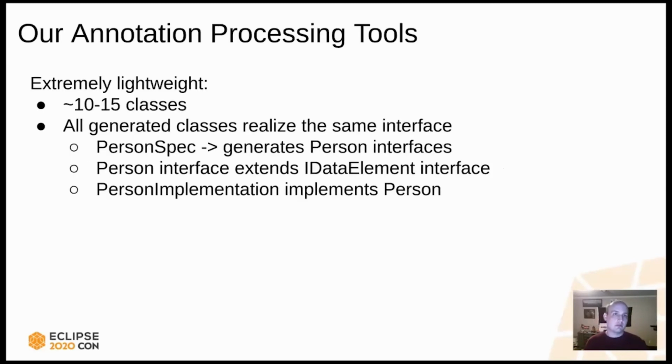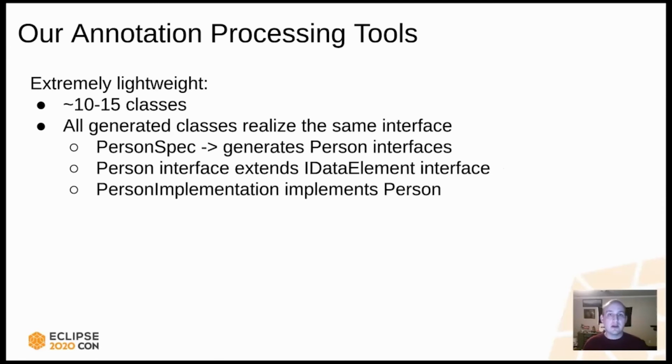So our annotation processing tools are really lightweight. It's about 10 to 15 classes, and all the generated classes, so every spec that someone creates, ends up generating classes that realize the same interface. The person spec that you saw in Daniel's video and in some of the earlier examples generates a person interface.